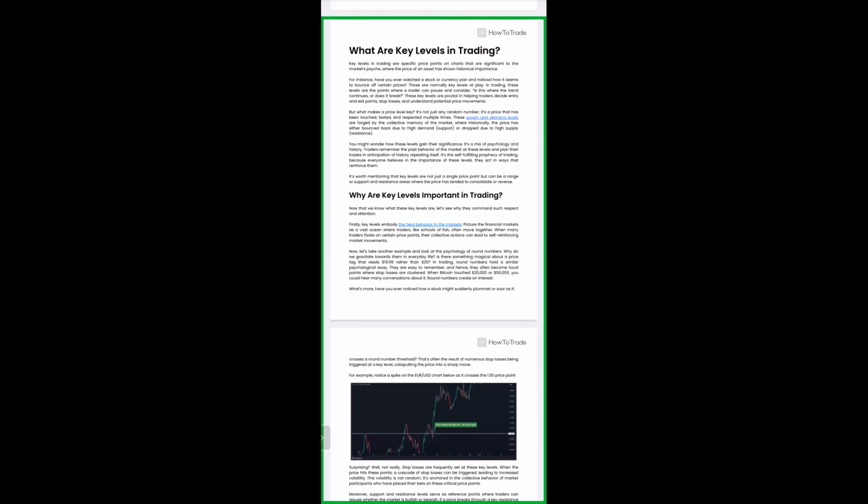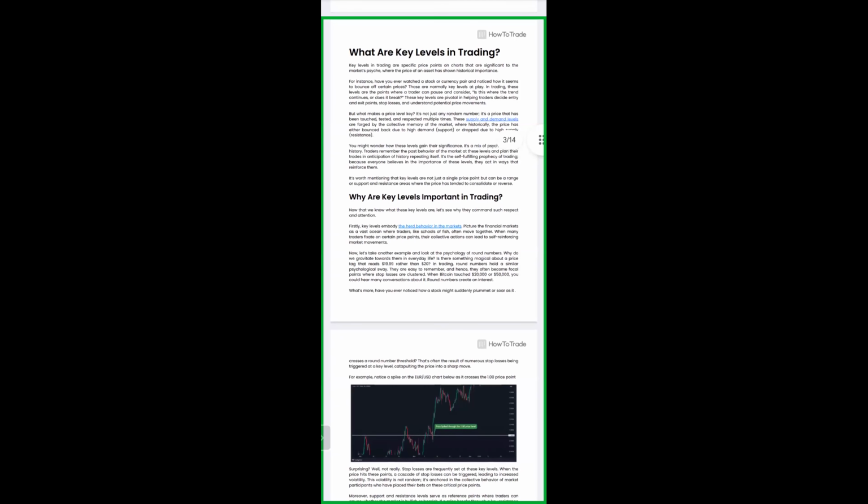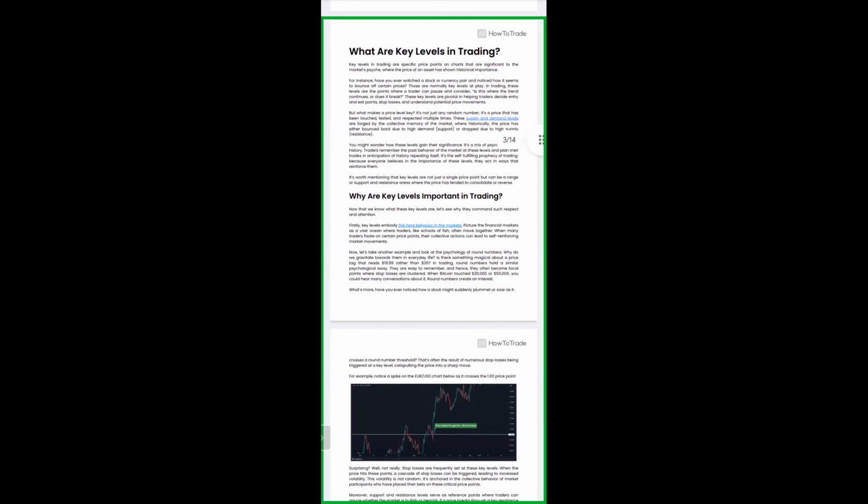So usually in ranges, when price is just going up and down in a particular area, not breaking, not going in any direction, just doing zigzag, at a certain point a breakout occurs. So that breakout is a key level.